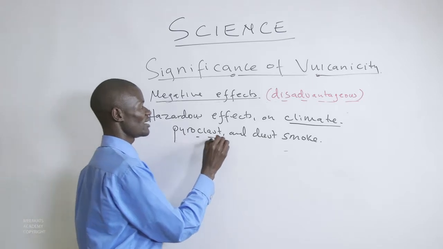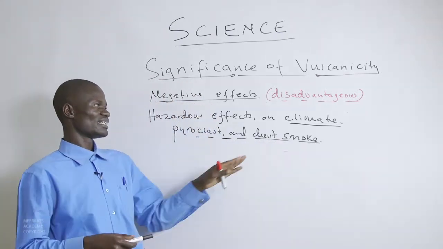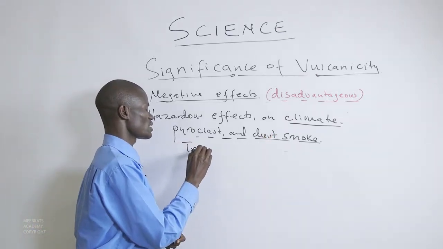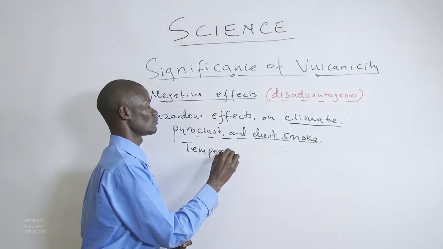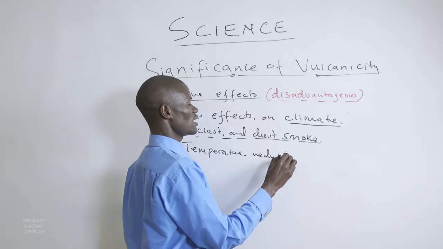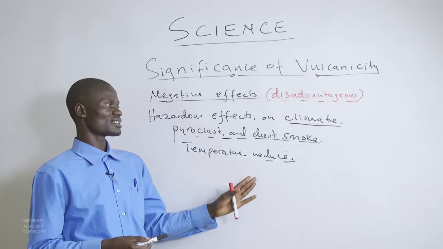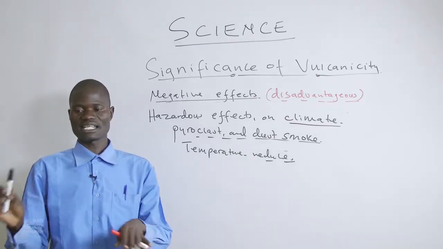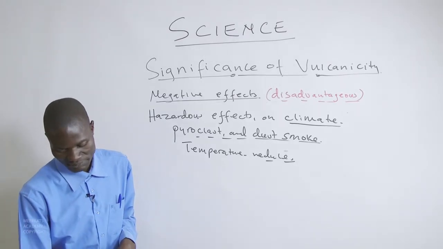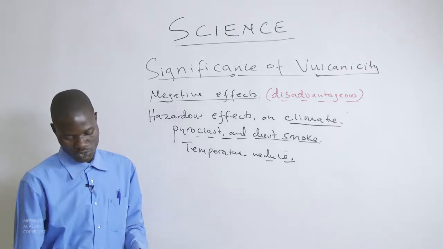Below the atmosphere, the climate will change, because once temperatures reduce, we'll have a climate change. As a result, the various climate patterns will change, and therefore it becomes disadvantageous to human beings.